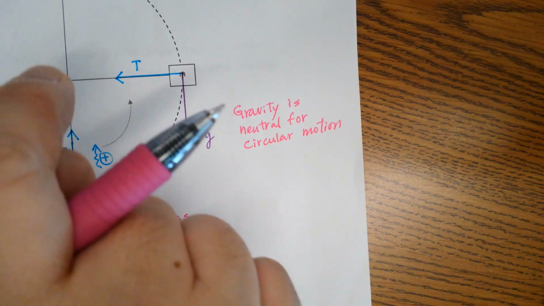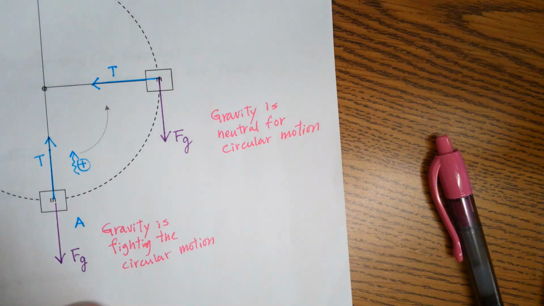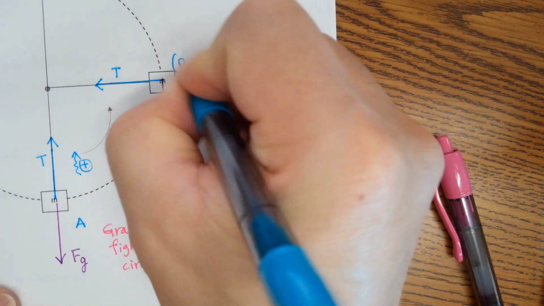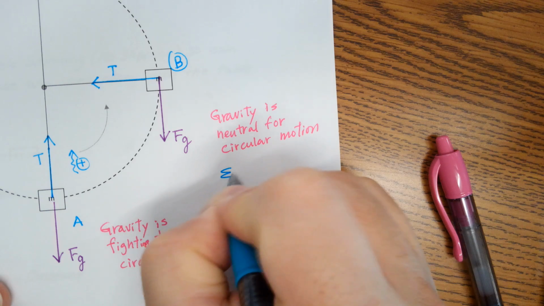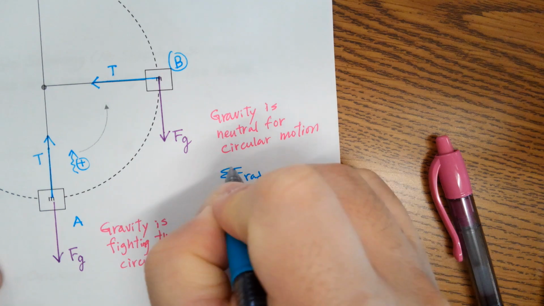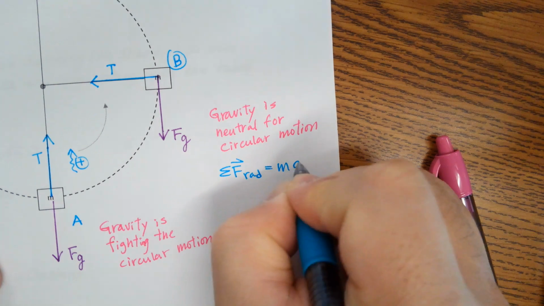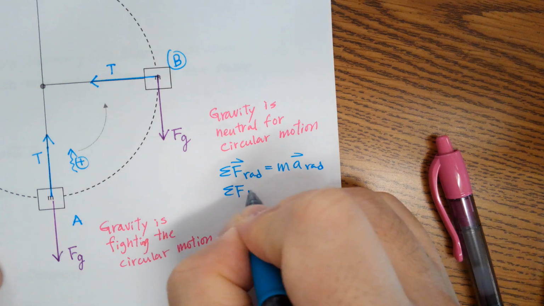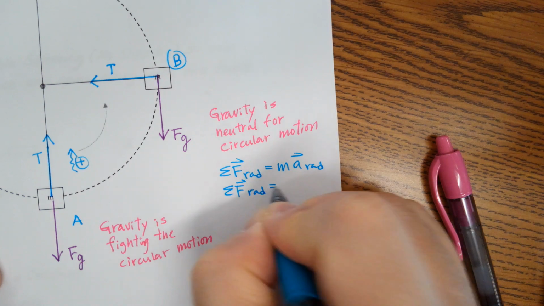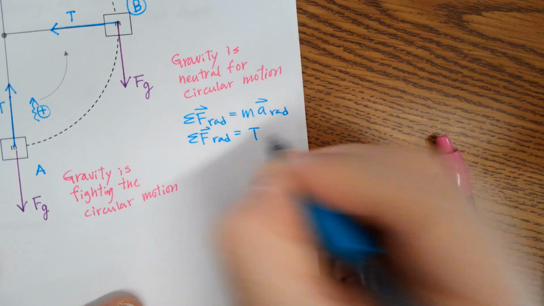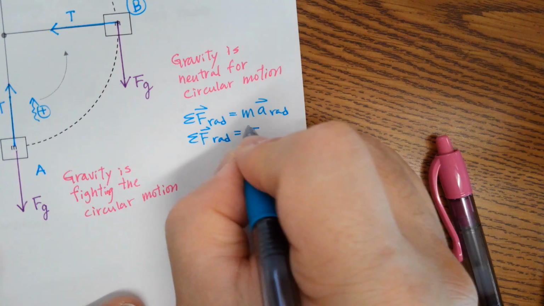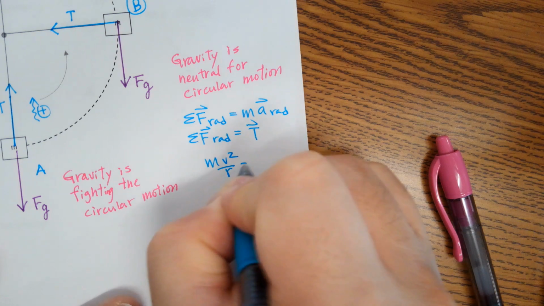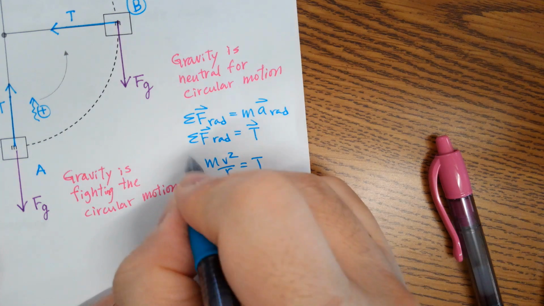So what would this look like? For position B, the sum of all forces radial is equal to m a radial, and there's only one force acting in the radial direction, and that is the tension. So m v squared over r is just tension.